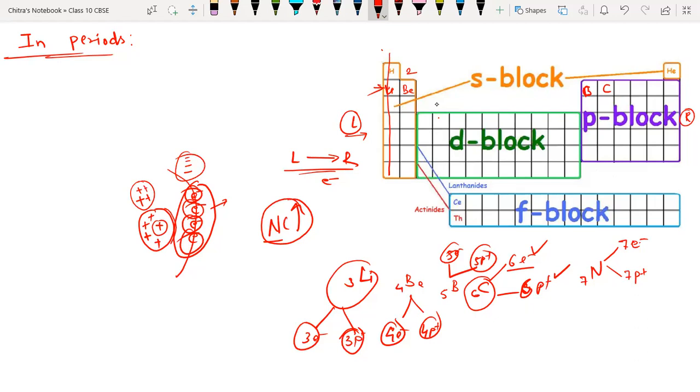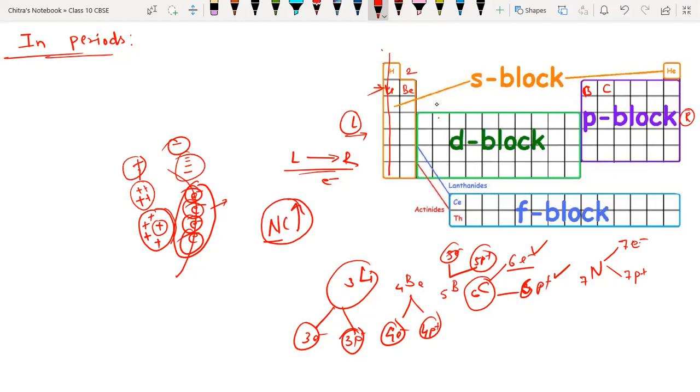So see here, due to increased number of protons in the nucleus, it is called an increase in nuclear charge. If nuclear charge increases, that means the nucleus is becoming more and more positive all the time, and the outermost shell becoming more negative. So the intensity of positivity and negativity increases. We know that positive and negative charges attract each other. If the intensity increases, the force of attraction between the outermost shell and nucleus also increases.